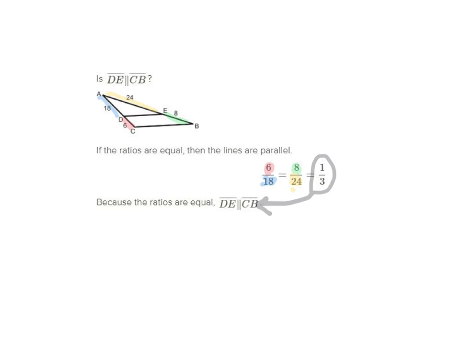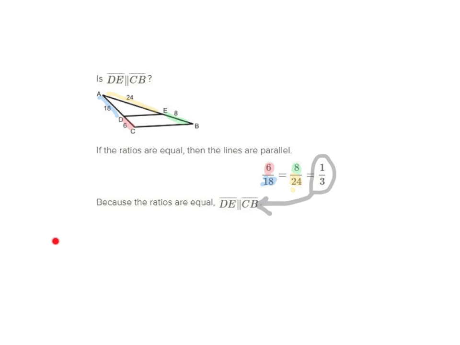So here we are asked if we have parallel lines, and so for us to be able to say that they are, we have to be able to show that these sides are in proportion, that the ratios are equal.